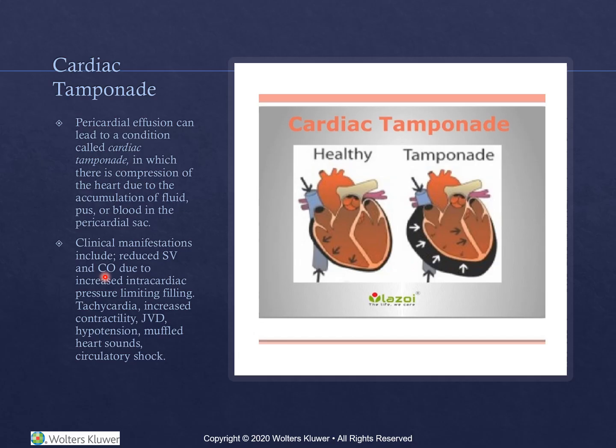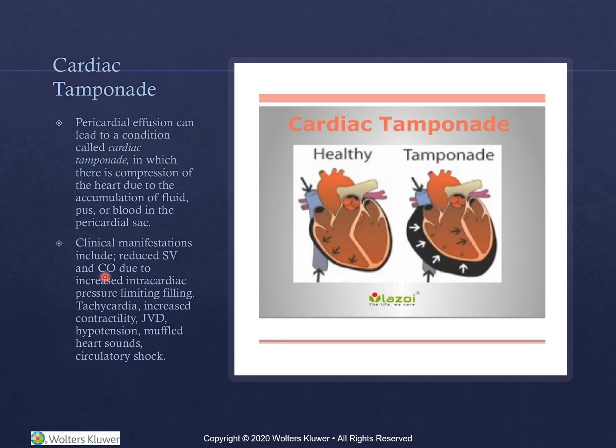So these patients' heart rates will go up, they'll feel like they're beating harder, right? But because their heart isn't able to fill, that blood is going to start to back up into the venous side of the body. So you'll see things like jugular venous distension in these patients as that blood starts to back up.